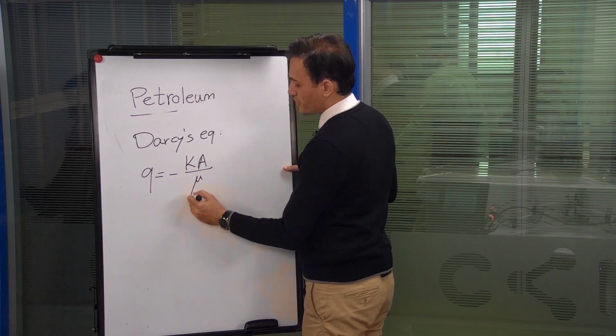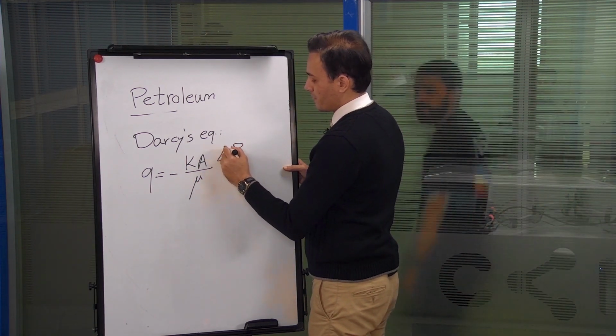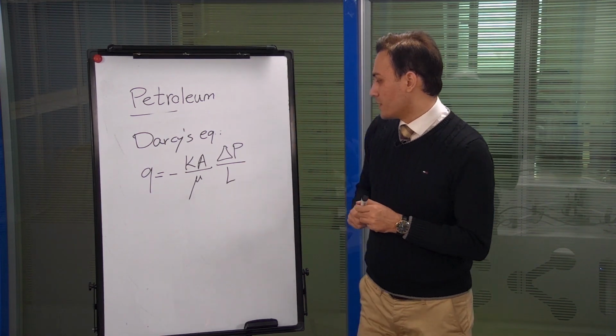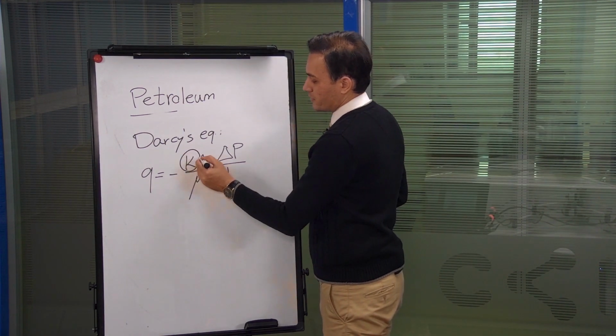So we can use this equation for the definition of it. So 1 Darcy, this is the permeability.